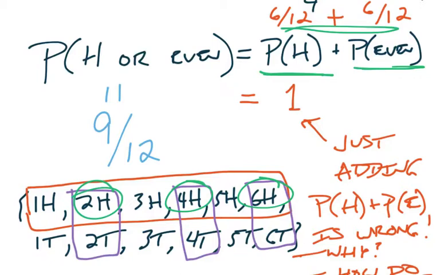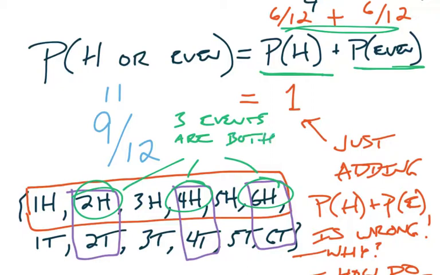All right, so how many events are there that have both? There's 1, 2, 3 of them. So 3 events are both H and, not or, but and, even.